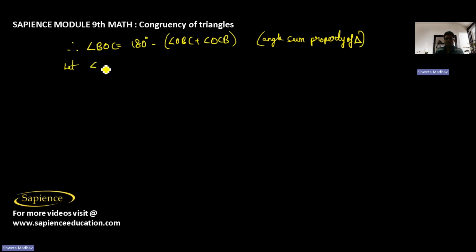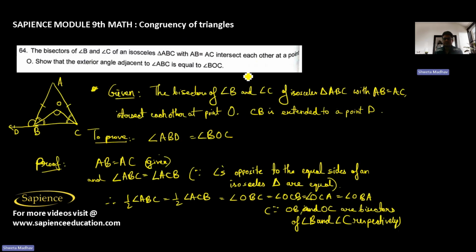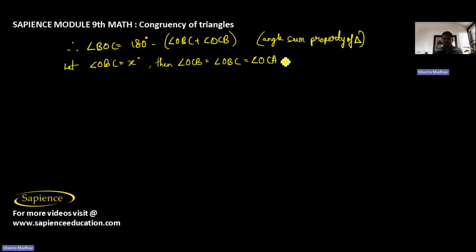Let angle OBC be x degrees. Then angle OCB is also equal to angle OBC, which is equal to angle OCA, which is equal to angle OBA, which is equal to x. Therefore, angle BOC would be equal to 180 degrees minus x minus x, so 180 minus 2x degrees.